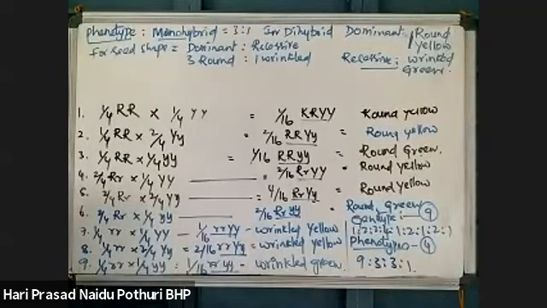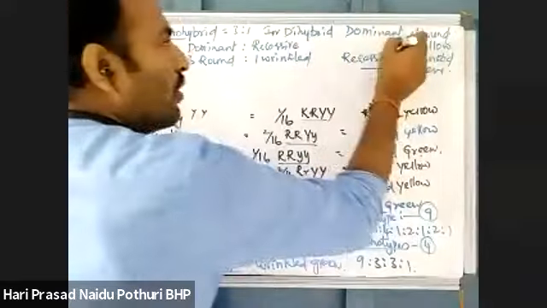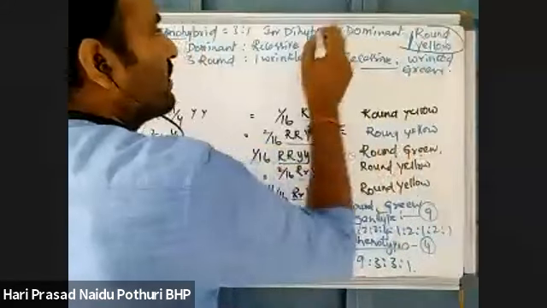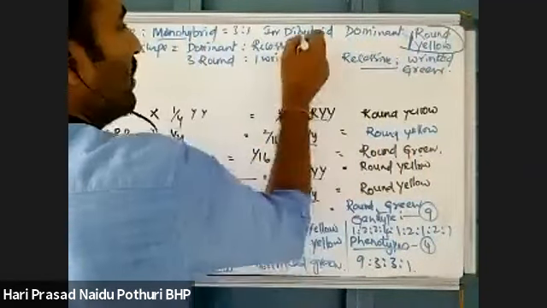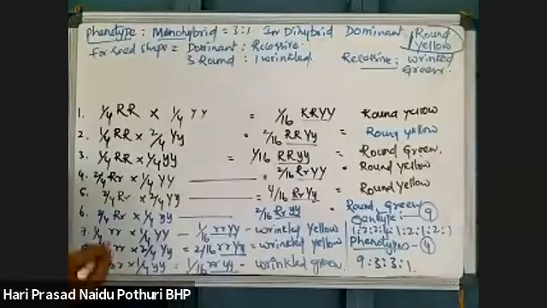Yes or no? The dominant and the recessive ratio will be 3:1.